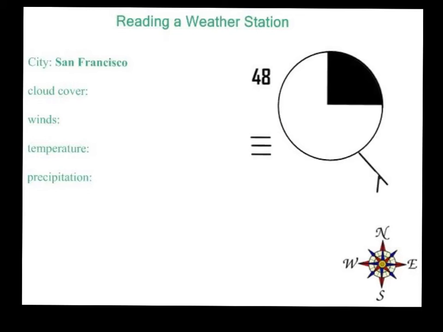Then for winds, you need to tell me 2 things: the direction the wind is coming from, and the speed that wind is traveling at. Make sure you tell me both things for wind, direction and speed. Then you need to tell me the temperature and what kind of precipitation this weather station is having in San Francisco.